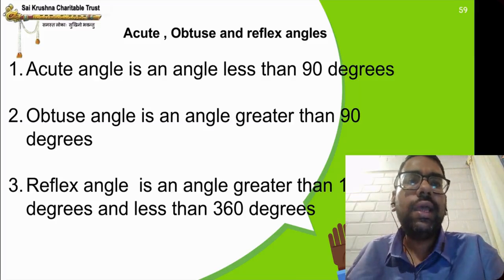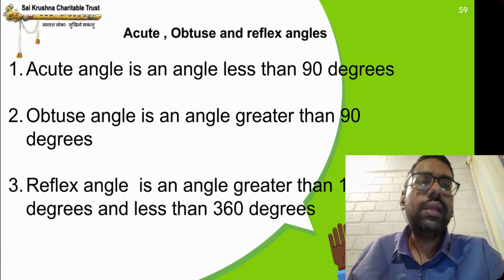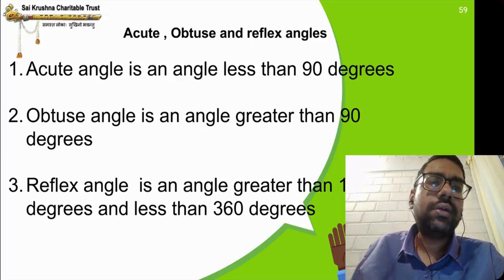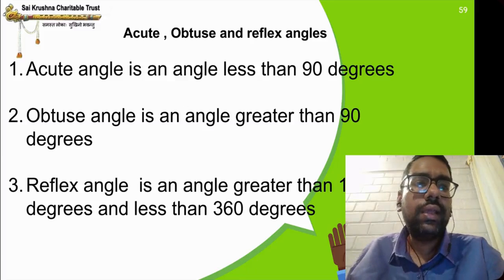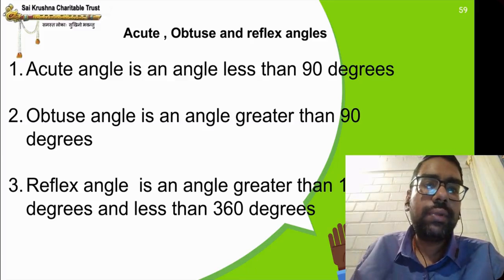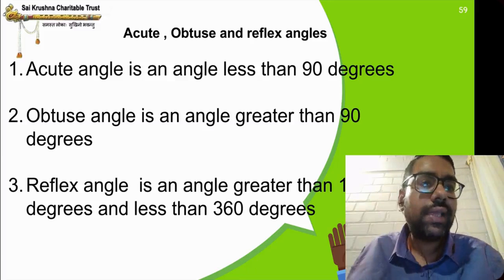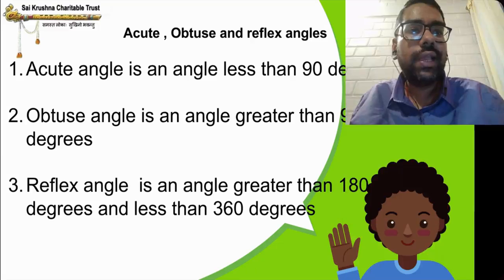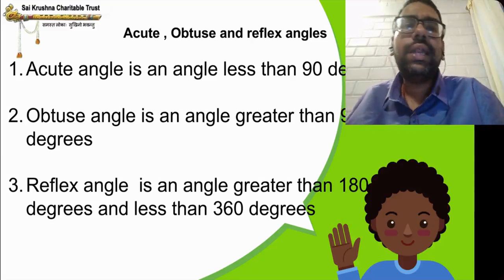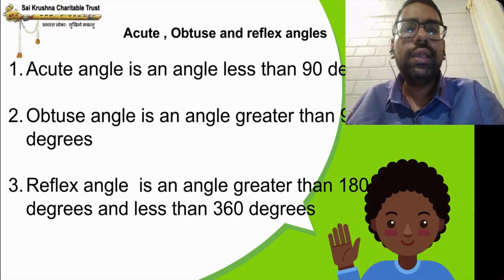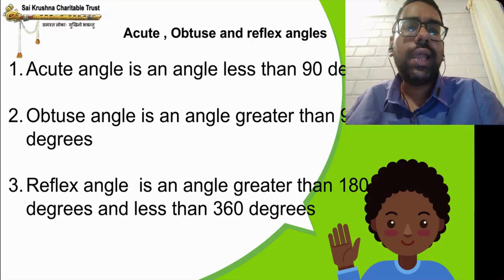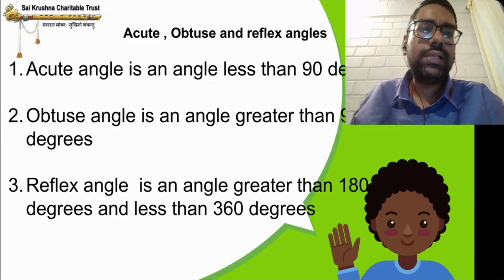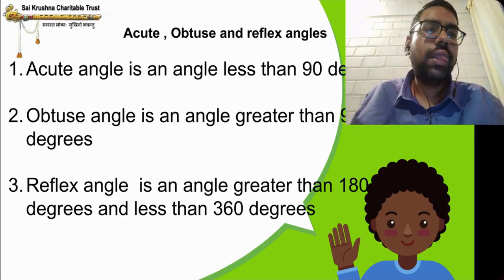When an angle formed is greater than 90 degrees and less than 180 degrees, it is called an obtuse angle. What is a reflex angle? A reflex angle is an angle greater than 180 degrees and less than 360 degrees. That is called a reflex angle.